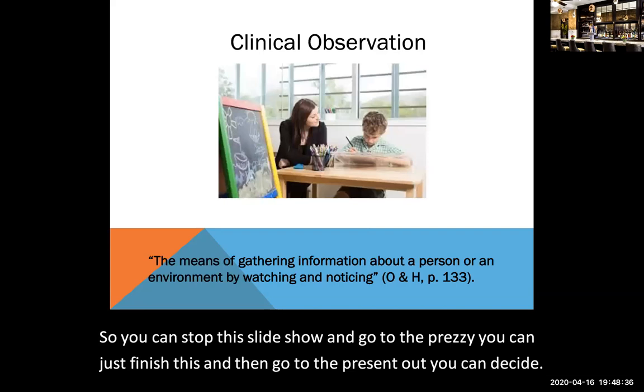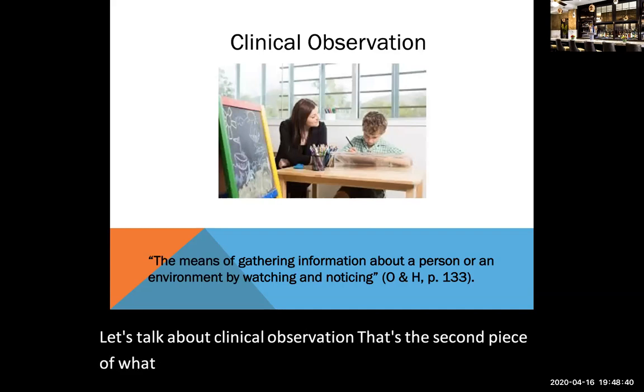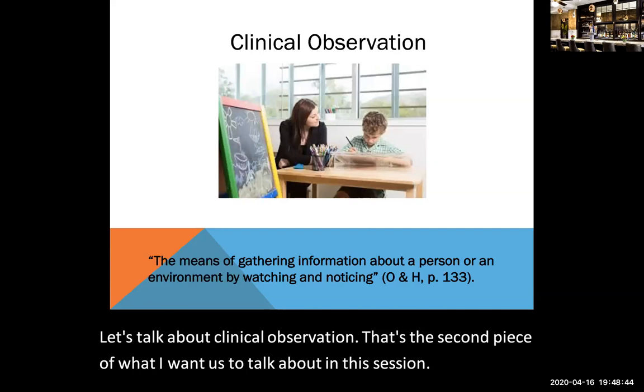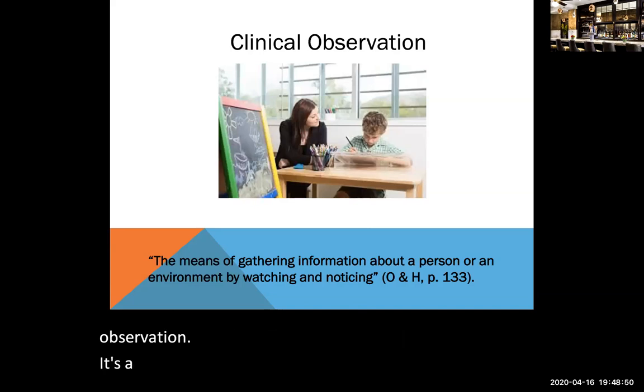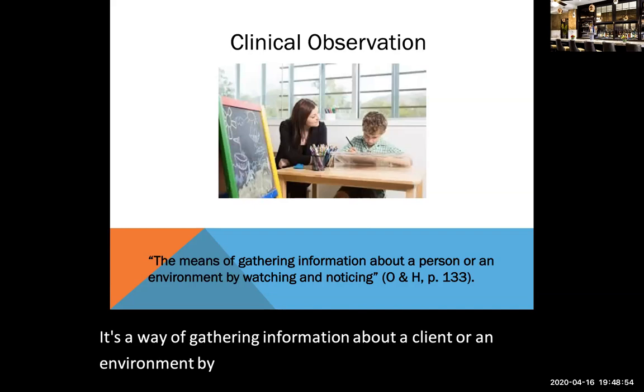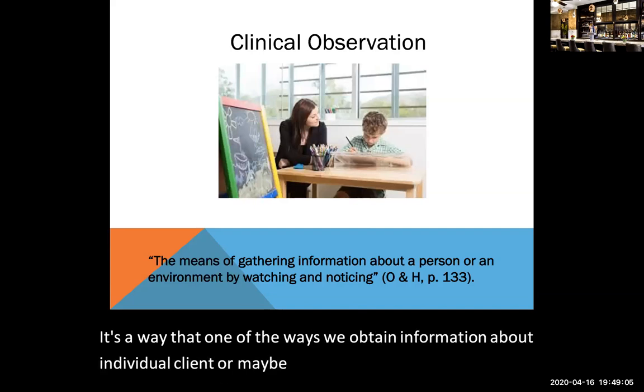Let's talk about clinical observation. That's the second piece of what I want us to talk about in this session. So here's a definition from your O&H book of clinical observation. It's a way of gathering information about a client or an environment by watching and noticing. It's one of the ways we obtain information about an individual client or maybe a population or a community.